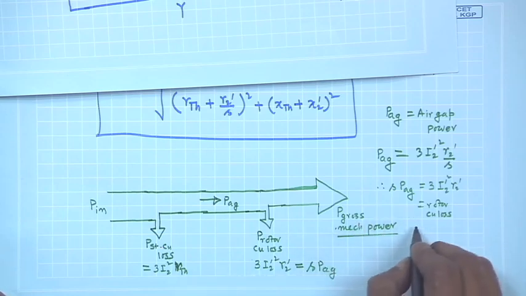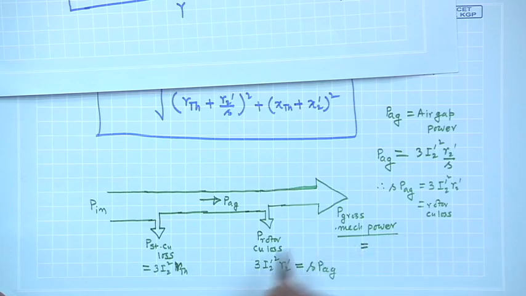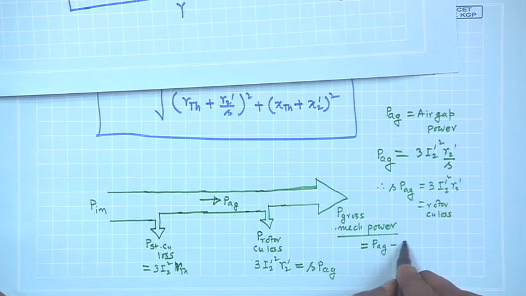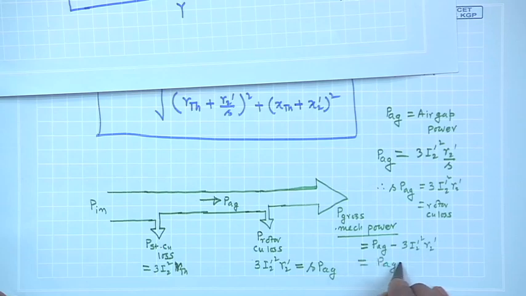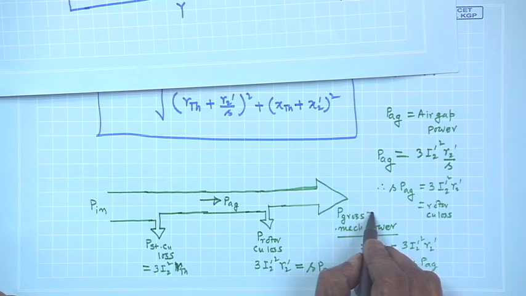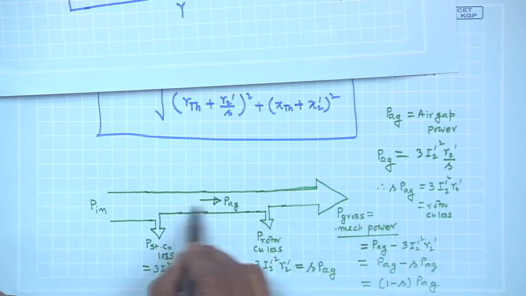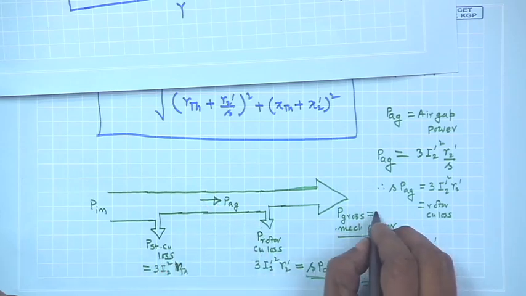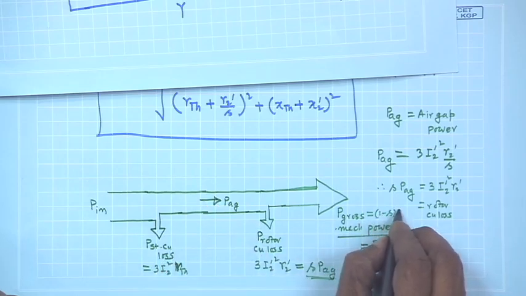The gross mechanical power must then be PAG minus 3 I 2 dash squared R 2 dash, which is PAG minus S into PAG, equal to 1 minus S into PAG. So, PAG, S PAG is the rotor copper loss, and this minus this will be 1 minus S into PAG.